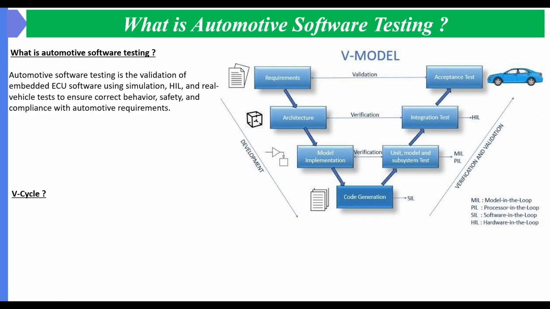The second phase is the architecture. In this phase, we define the software design, which describes how the ECU software will be implemented. And then we have model implementation, the way to implement this architecture.